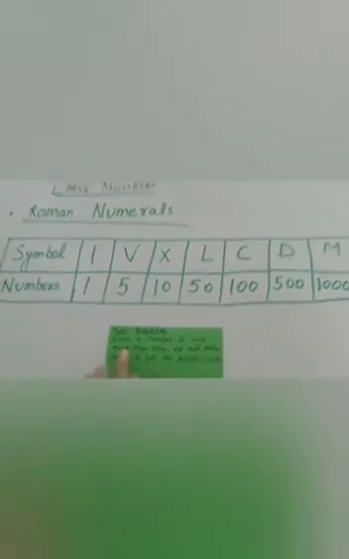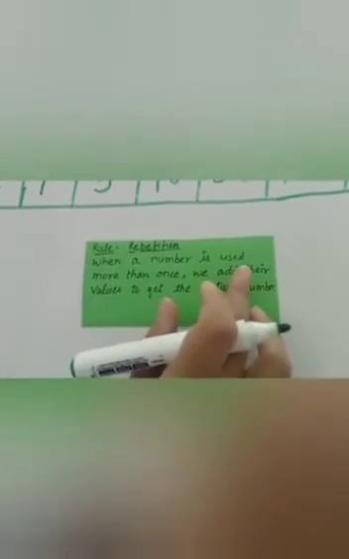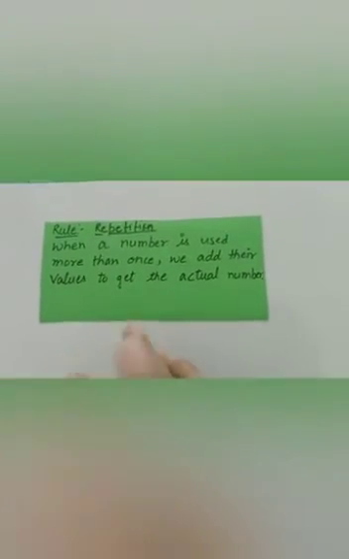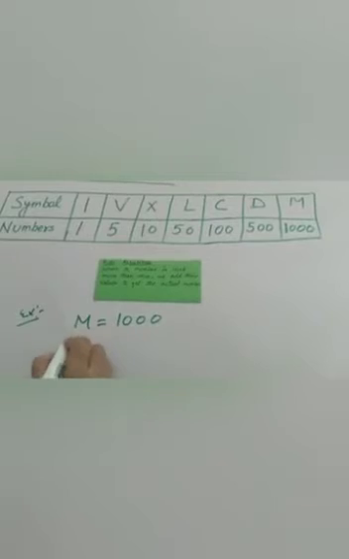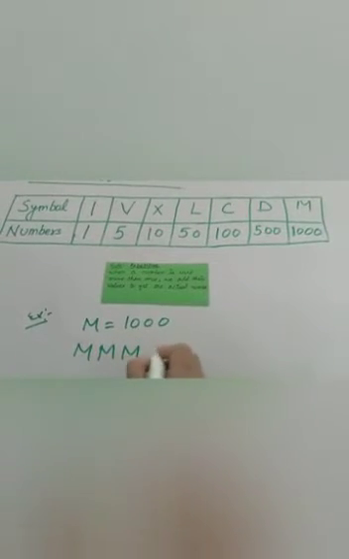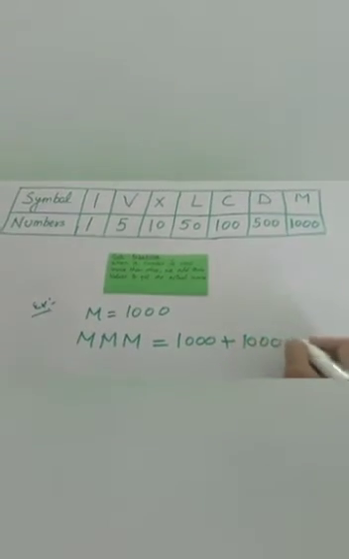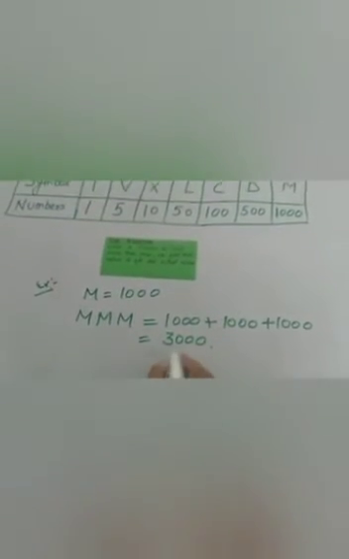This is rule 1, the rule of repetition. When a symbol is used more than once, we add their values to get the actual number. Let's understand it by an example. M represents 1000. MMM is 1000 plus 1000 plus 1000, which becomes 3000.